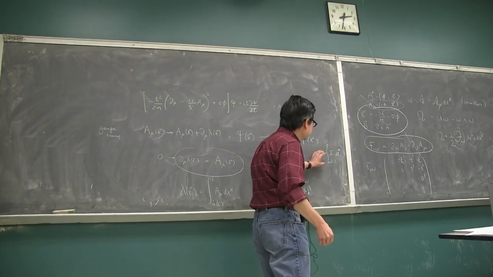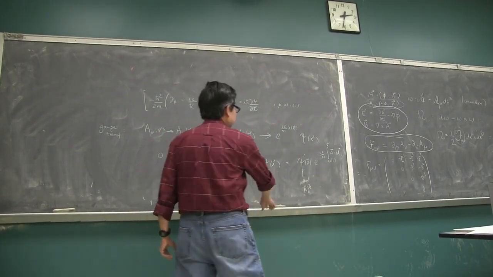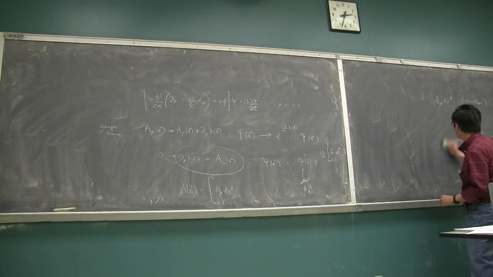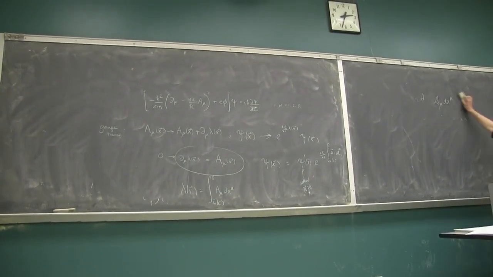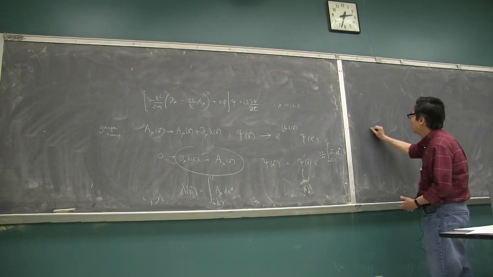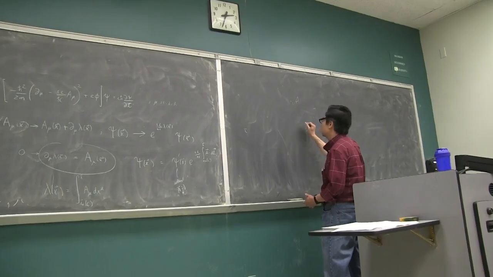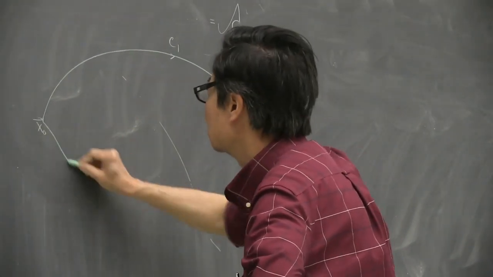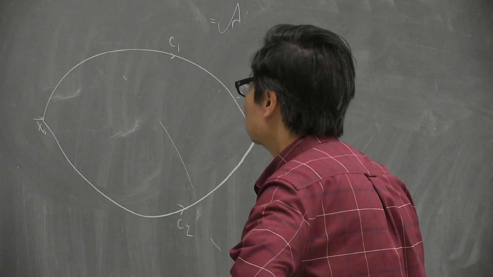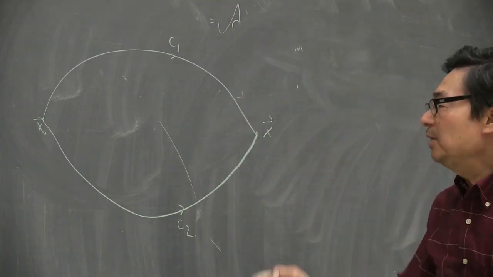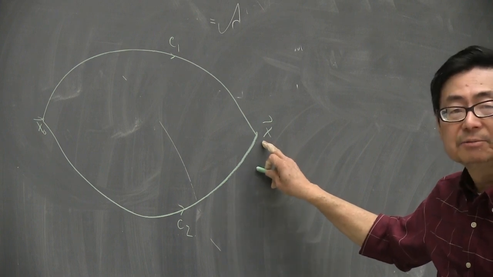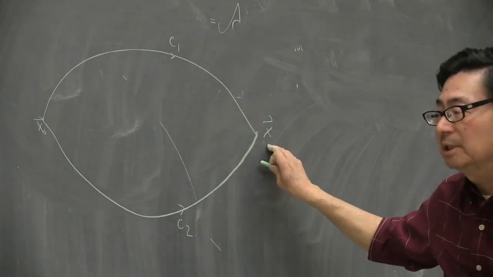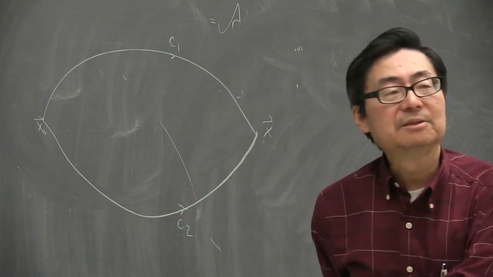If I have a situation where this integral does depend on the path, then if my electron takes two different paths, let's say this is point x of 0, this is a point x, and the first path is called C1 and the second one is called C2, the wave function at this point would apparently be different depending on which path the electron went from x of 0 to x, because this integral depends on the path in general.